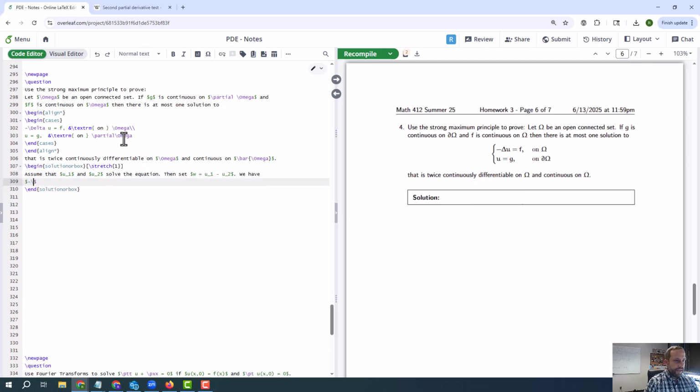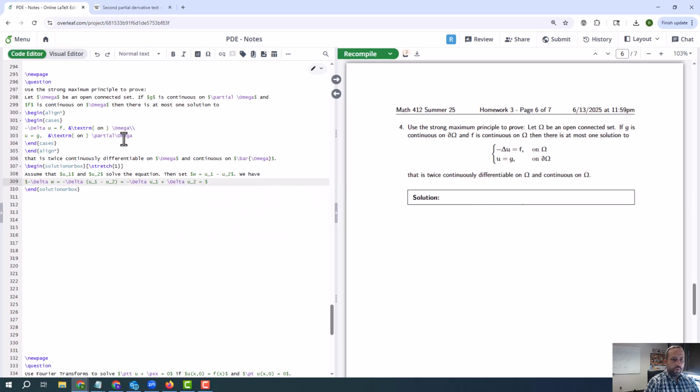We have minus delta W equals minus delta of U1 minus U2, which is equal to minus delta U1 plus delta U2.